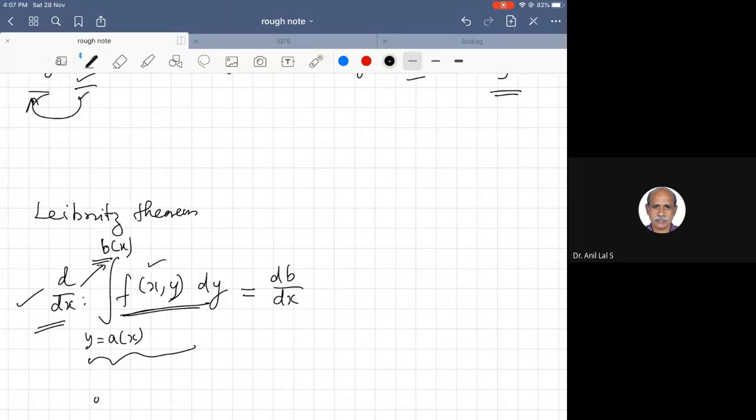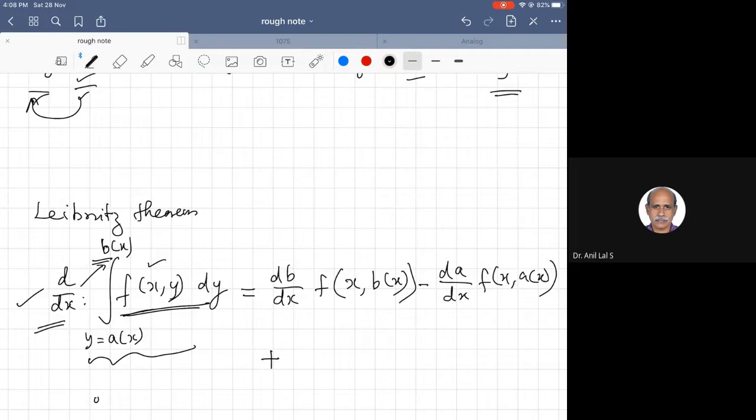That will lead to the function itself evaluated at the upper limit, so it will be f of x comma b of x, times db by dx. And the lower limit will have a negative sign: f of x evaluated at the lower limit, times dA by dx. These are boundary values.